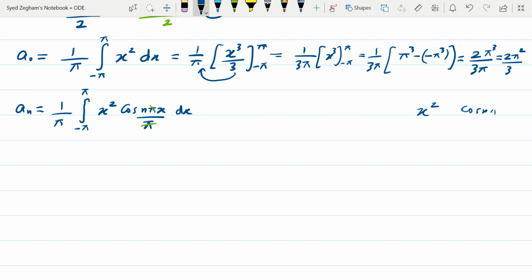If you don't like this, you can use your own technique, no problem. So for x square, we find the derivative, that will become 2x. And cosine nx, we have to find the integral. The integral of cosine nx will become sine nx divided by n.